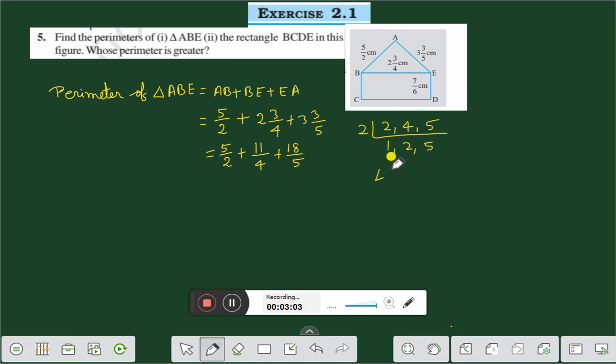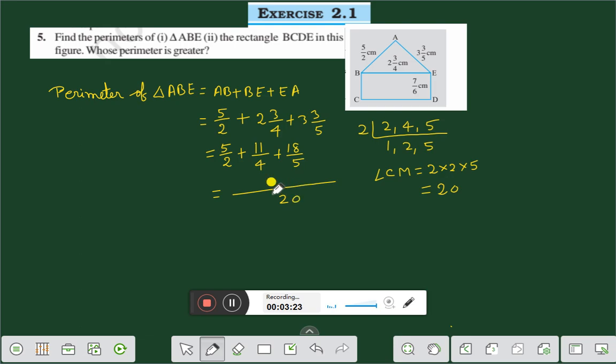Therefore, the LCM will be 2 into 2 into 5, 2 fours are 4, 4 fives are 20. The LCM will be 20. Therefore, we are getting LCM as 20.